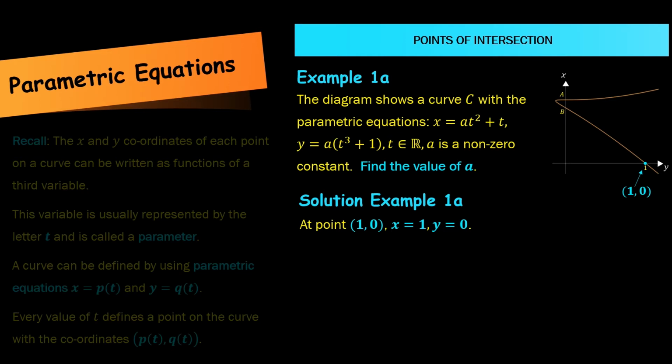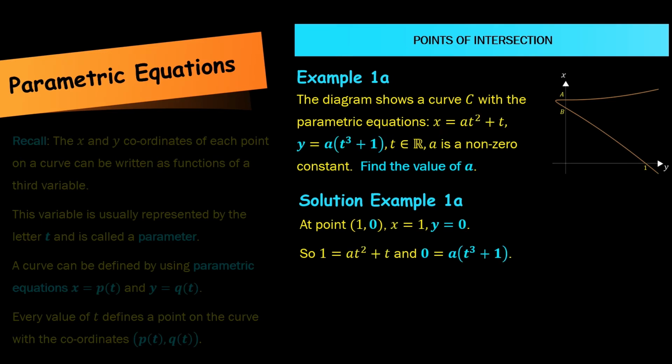Now at the point 1, 0, we have that x equals 1 and y equals 0. Therefore, if we plug into the equations that we have for x and y, we obtain 1 equals at squared plus t and 0 equals a times t cubed plus 1.